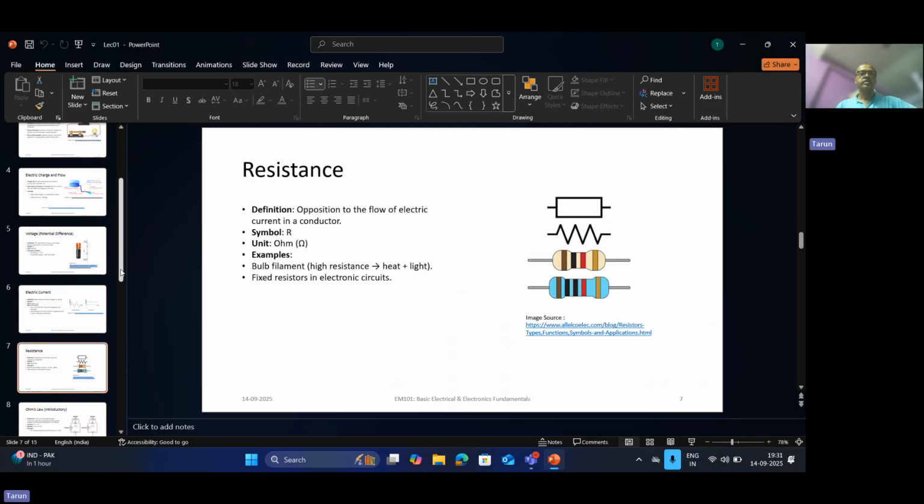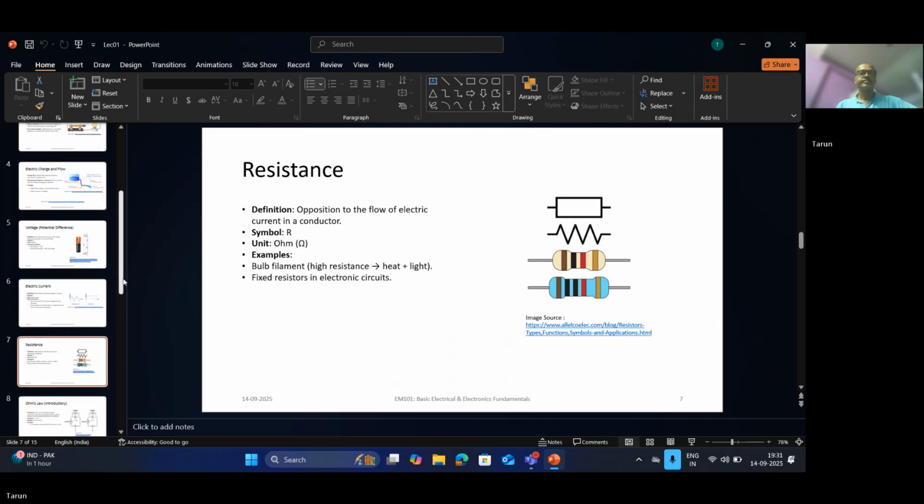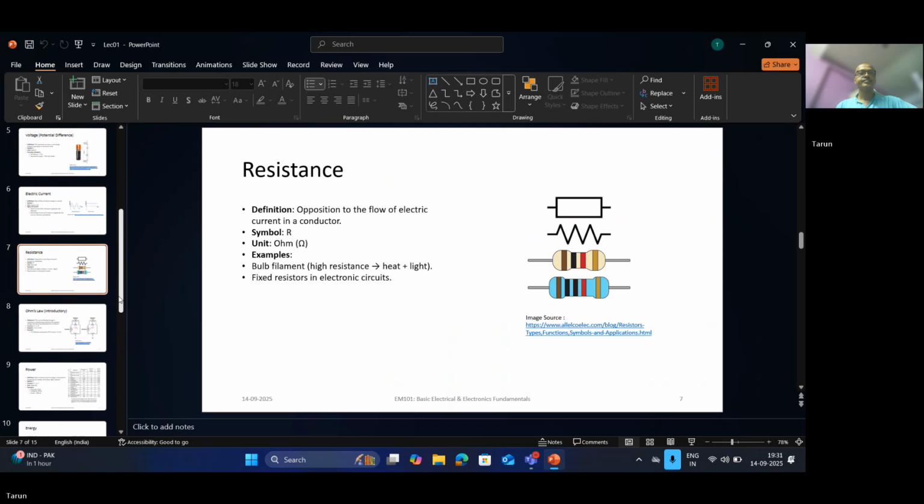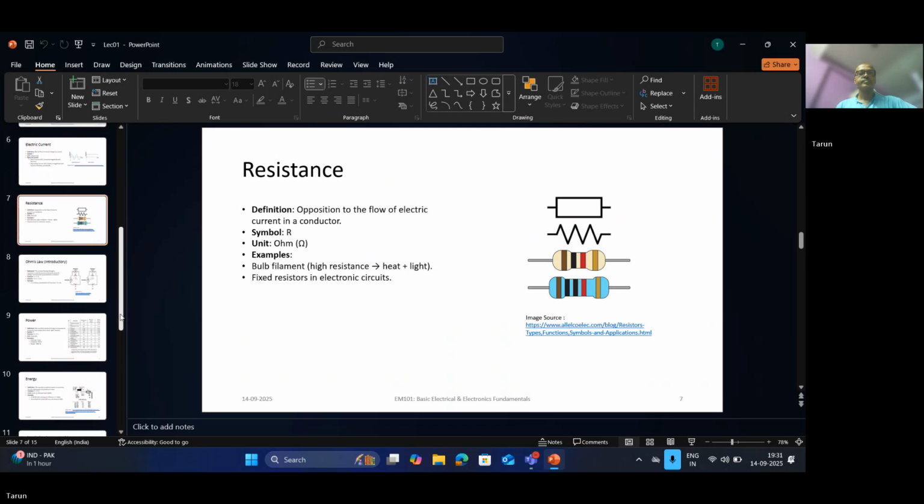Now come to the definition of resistance. Resistance can be defined as the opposition to the flow of electric current in a conductor. It is symbolized by capital R and its unit is ohm.